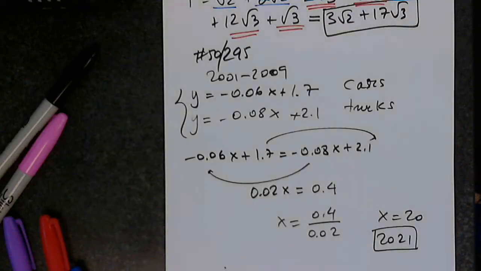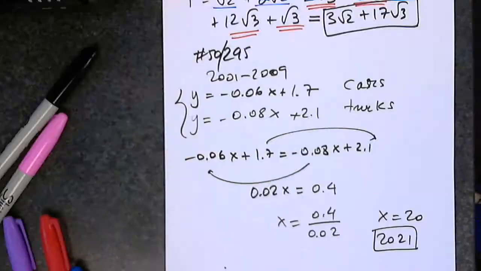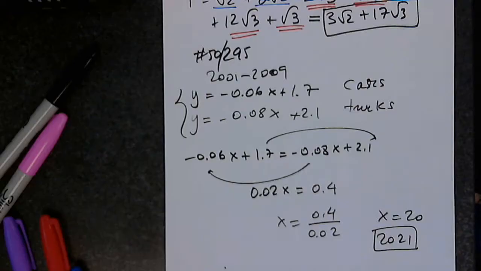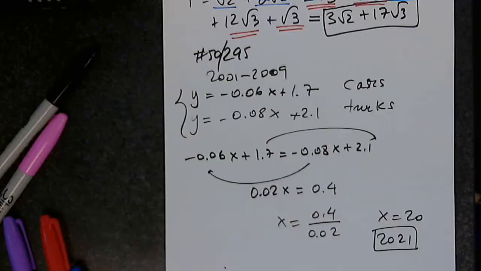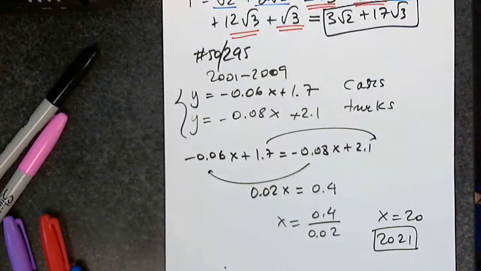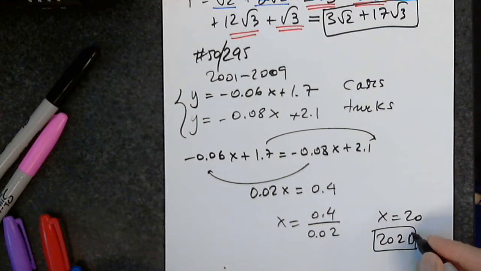So in 2021, predict the year in which the fatality rate for autos equals the fatality rate for light trucks. I'm just making sure it says x is the number of years since 2000. In that case, this will be 2020.